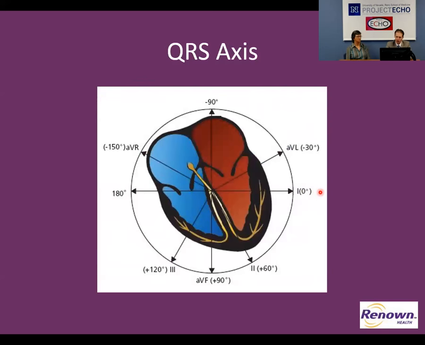Standard 1 is 0, 2 is 60, F is 90, 3 is 120, R is minus 150, and AVL is minus 30. And if you draw the negative vectors of every lead, minus AVL, minus AVR, minus standard 2, minus standard 3, then you bisect the 360-degree circle in 30-degree wedges all the way around.